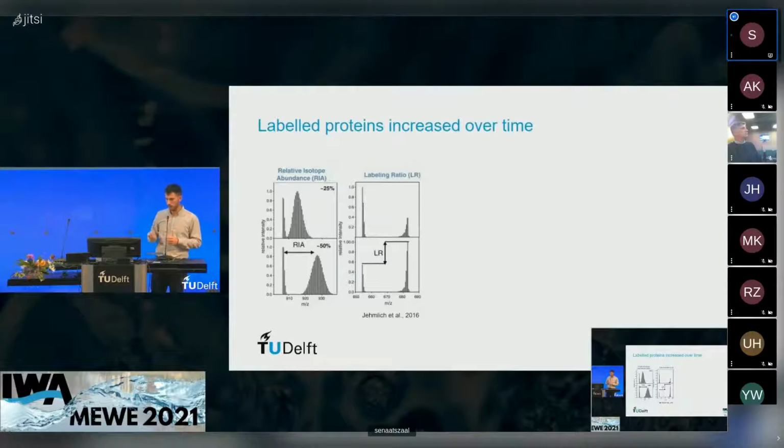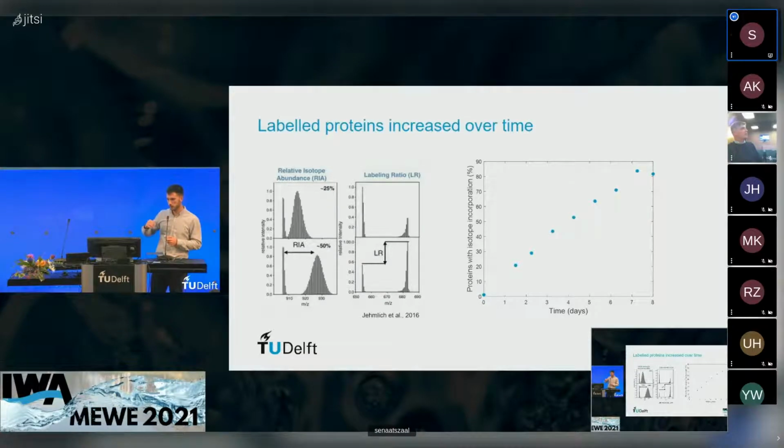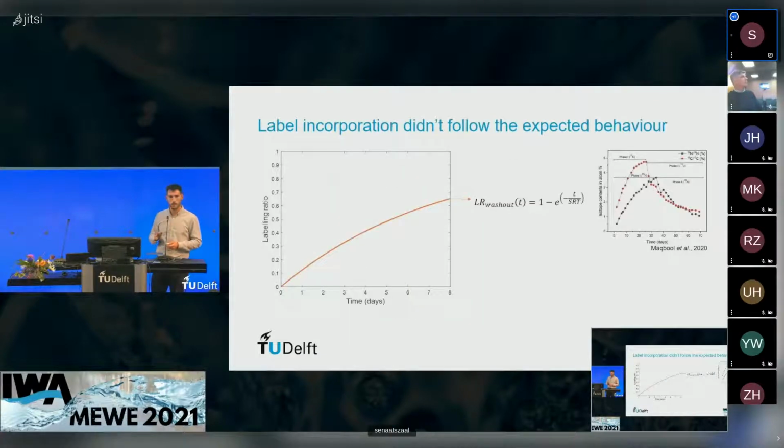If we focus on the RIA, we see that over time a higher percentage of proteins were incorporating this label, showing that the experiment was indeed working; in each of the time series we were able to see more label incorporation.